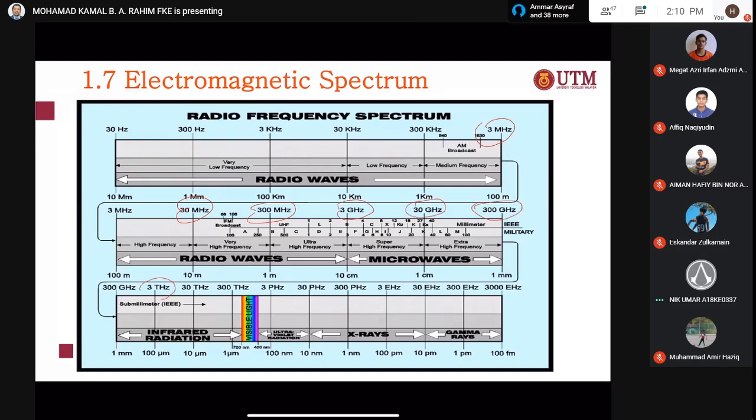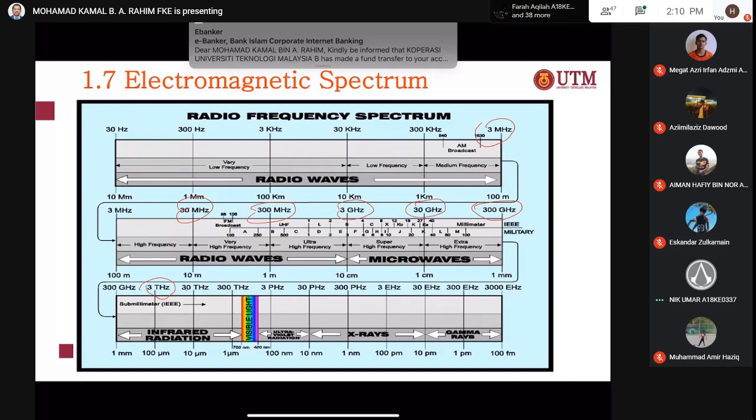T stands for what? Tera. Okay, terahertz. 30 terahertz, yes, correct. 300 terahertz, 3 petahertz, 3 exahertz.